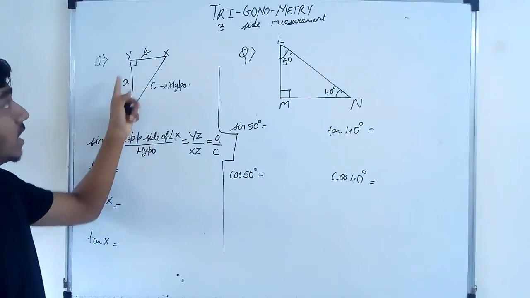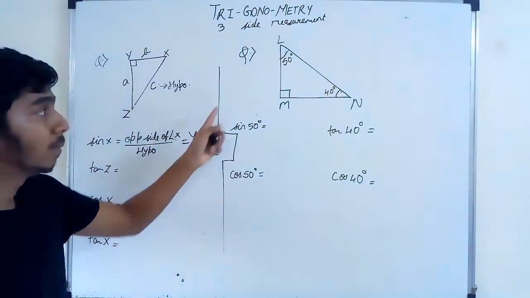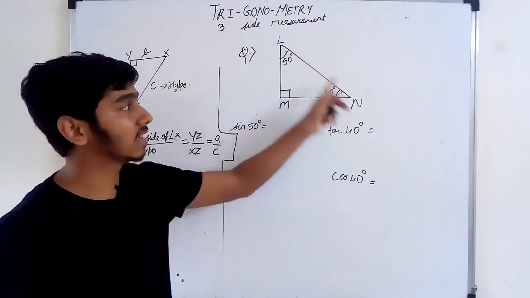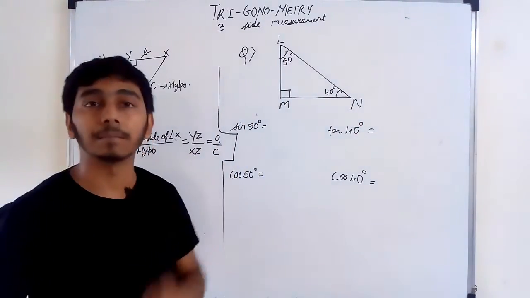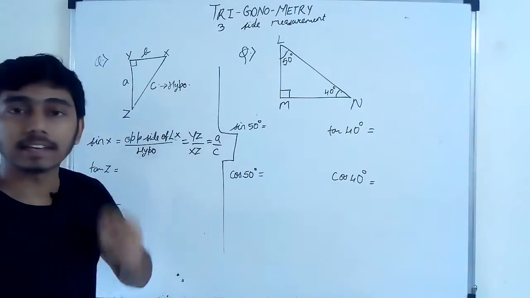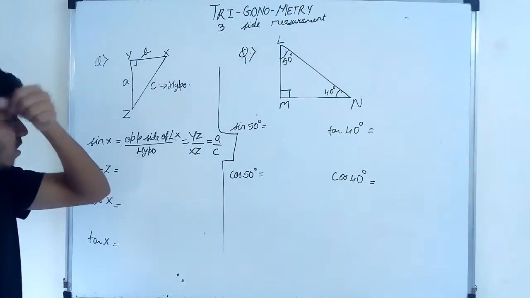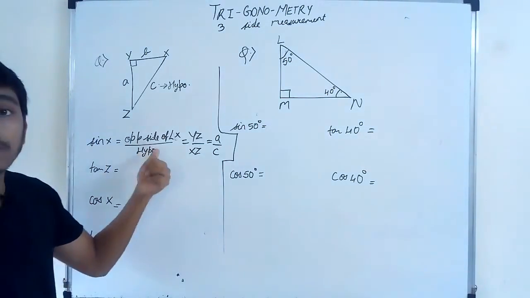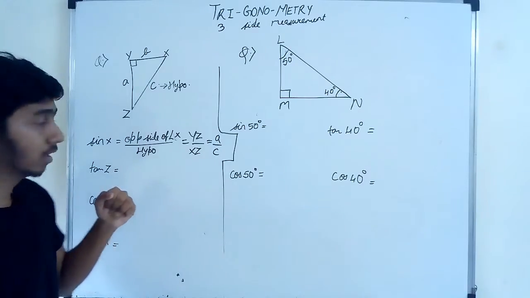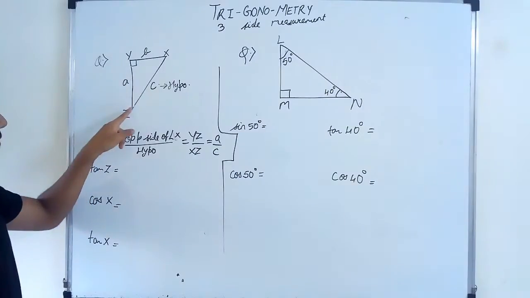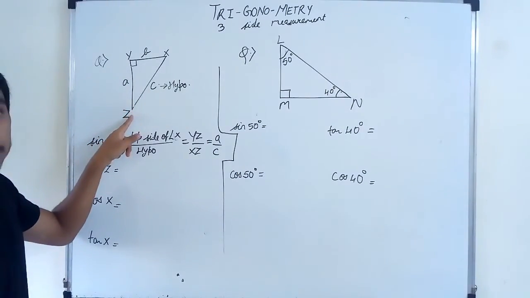Now these measurements A, B and C are given to us. In this question, they are not given to us. So we'll directly write this as LM or MN and LM. Since it's given, we'll write it like this. So let's see tan z. Now you know tan is what? Opposite upon adjacent. So opposite side of z. This is z.